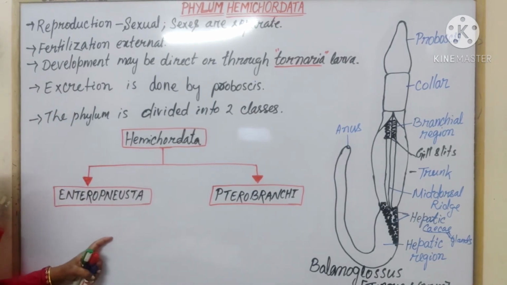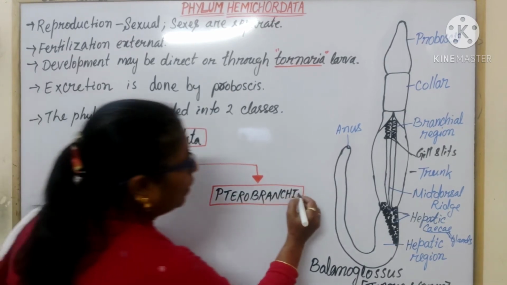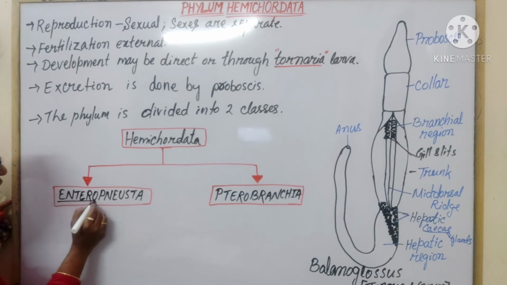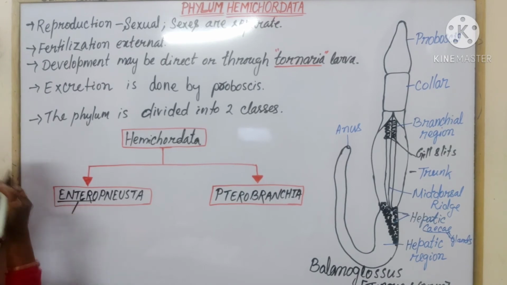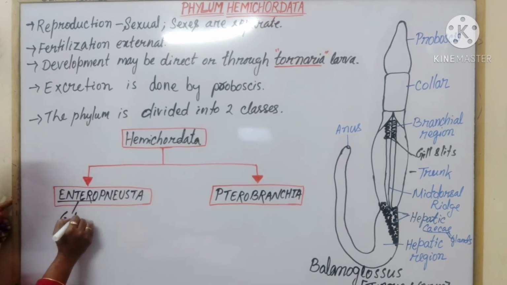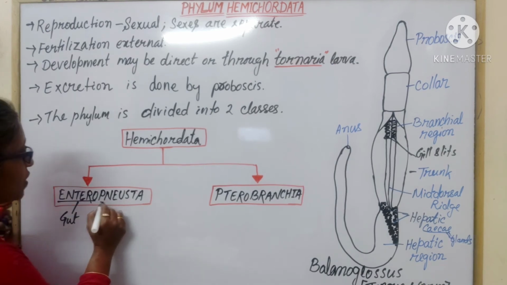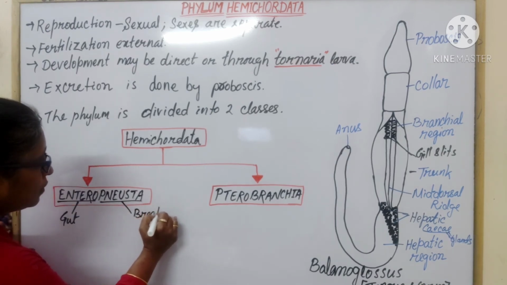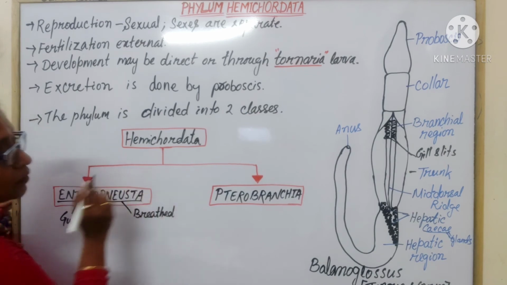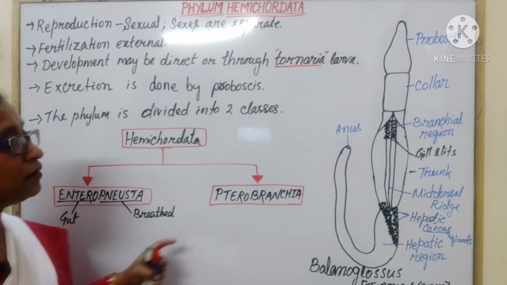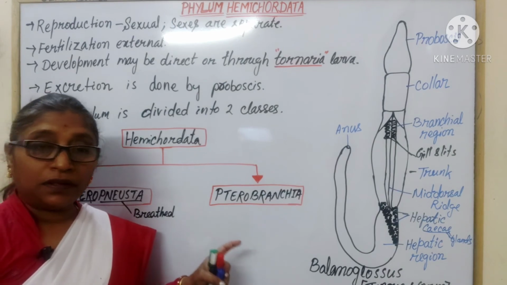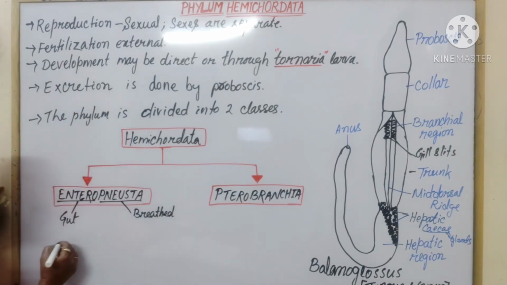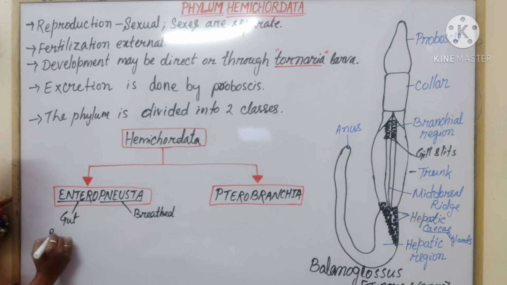Enteropneusta: enteron means gut and pneusta means breathed. These are capable of breathing, and the example is Balanoglossus.